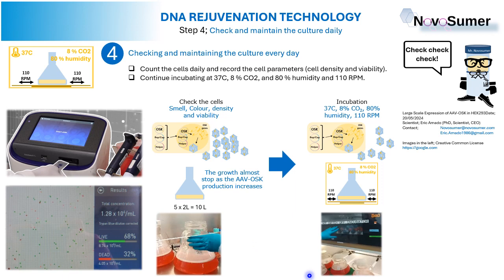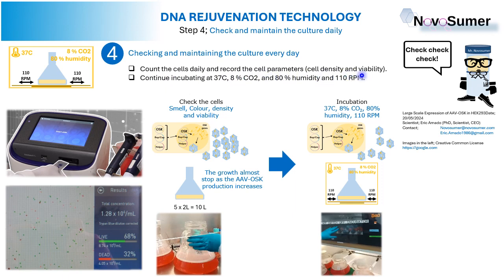Okay, step number 4, as I have told you, is a very easy step. So let's go for it. The number 4 is checking and maintaining the culture on a daily basis. The only thing that we do is counting the cells daily and record the cell parameters, the cell density and viability.